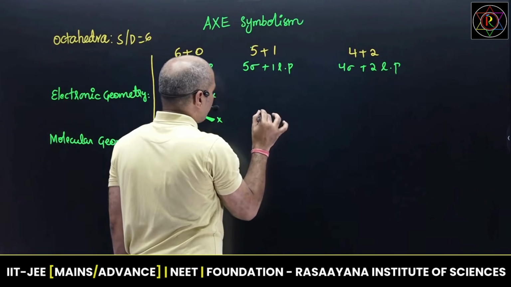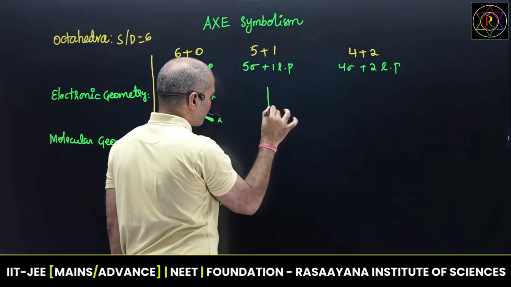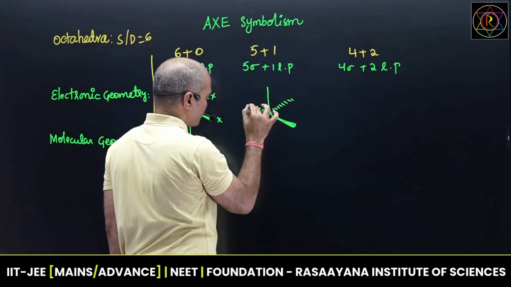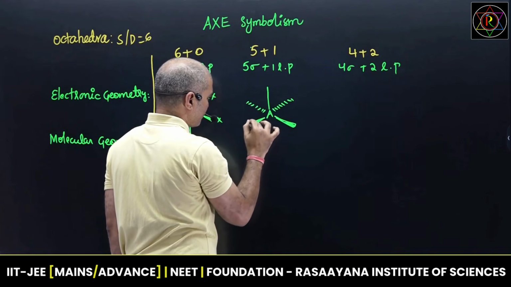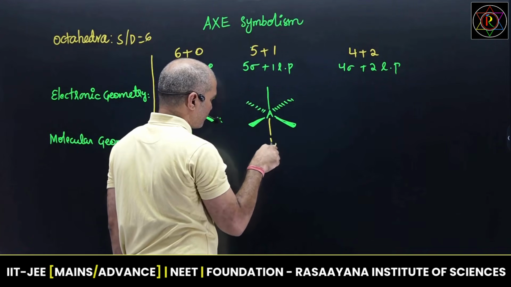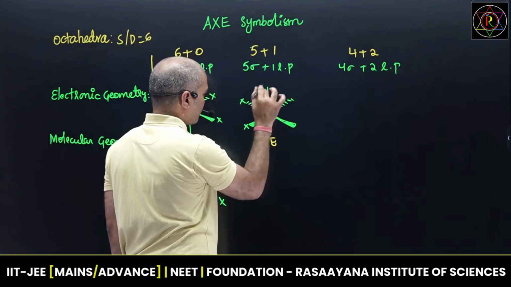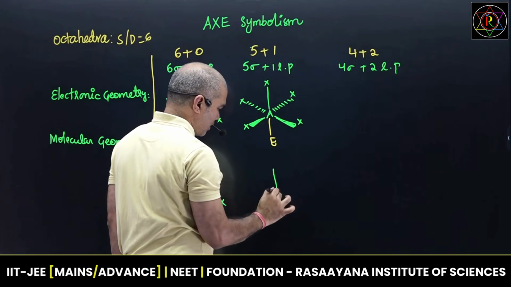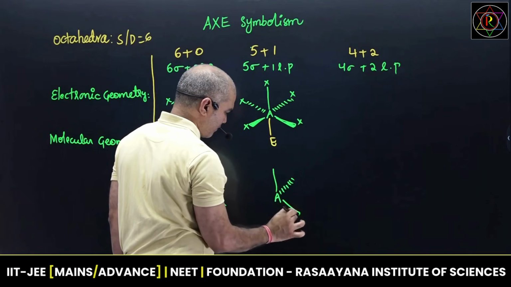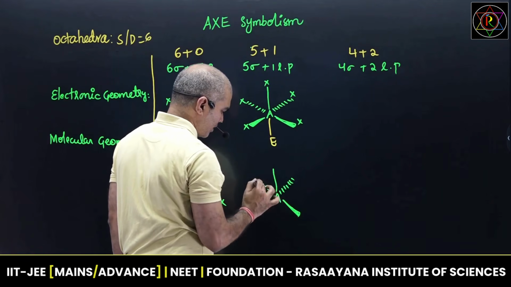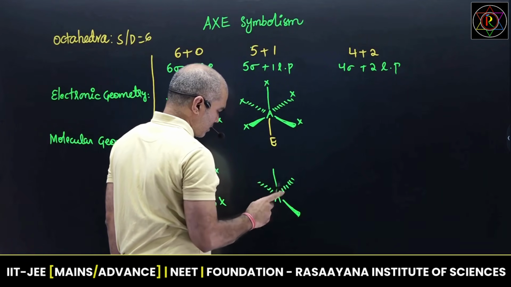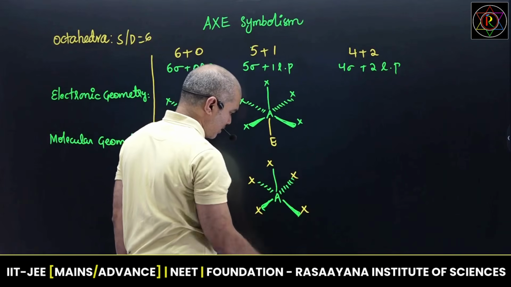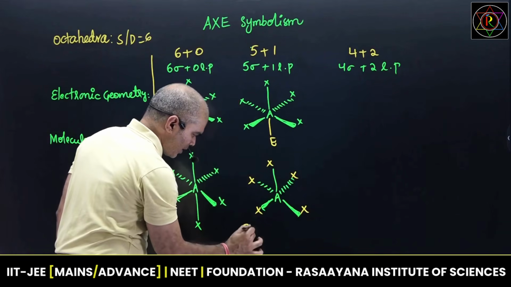In the case of 5 sigma plus 1, here I am not drawing the lone pair, I am drawing only the bonded pairs. So when I draw only the bonded pairs, now you can check the geometry. It has changed. This geometry we call square pyramid.